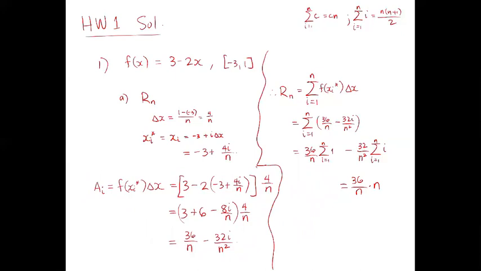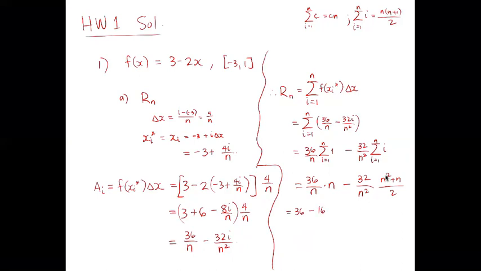So for this, we have here 36 over n times n, then minus 32 over n squared. And then we have this. Let's simplify this into n squared plus n over 2. So if we simplify this further, we will have 36 minus 32 over 2, that's 16.